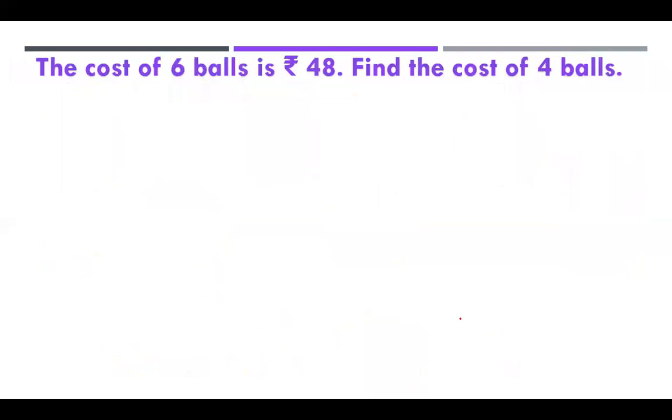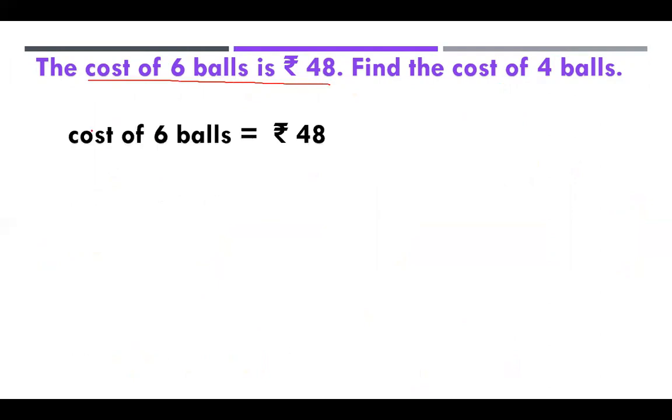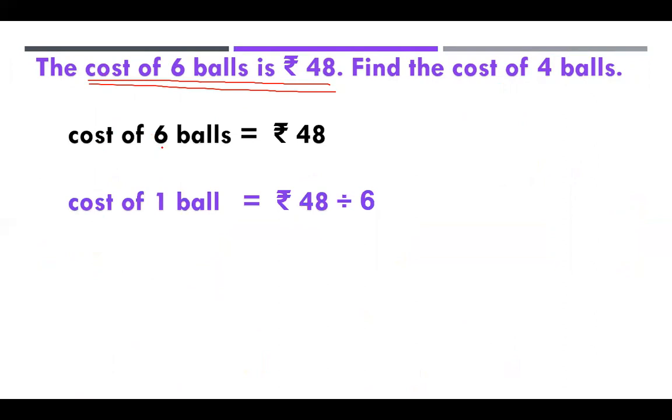So let's see what we have to do in the question. Firstly, you have to copy the statement from the question, that is the cost of 6 balls is rupees 48. Now we will find many to one. Firstly, we will find the cost of one thing, then we will be able to find for so many things. So the cost of one ball, from many to one, we have to divide, right?